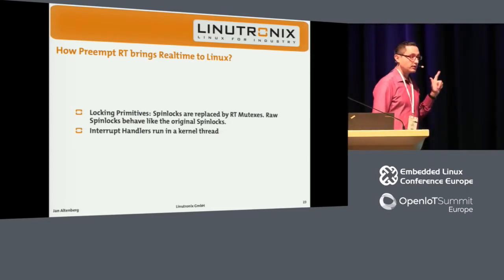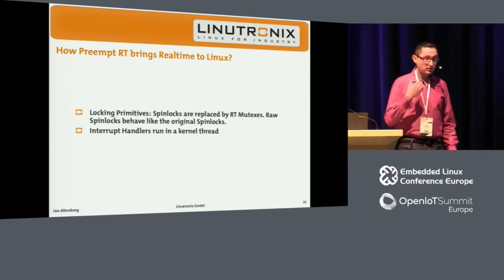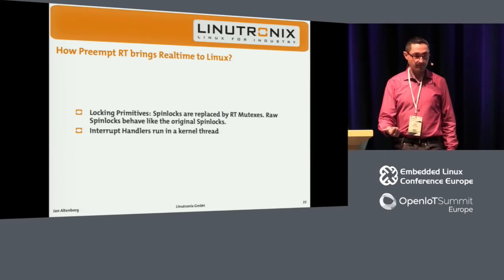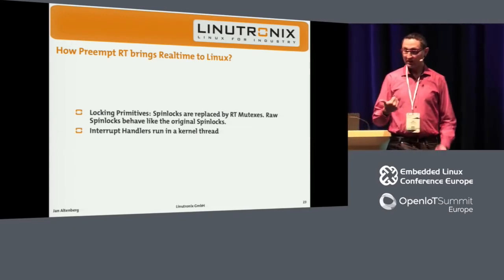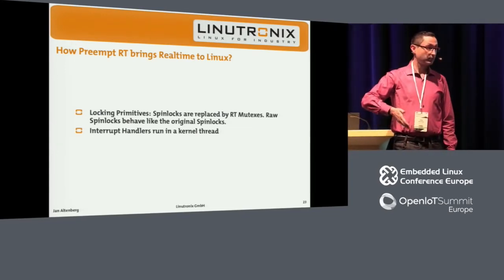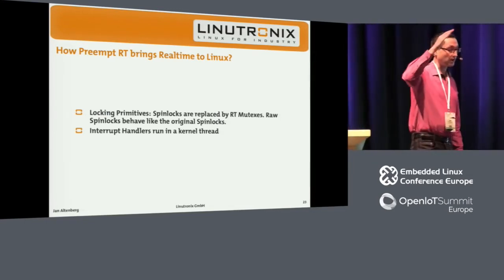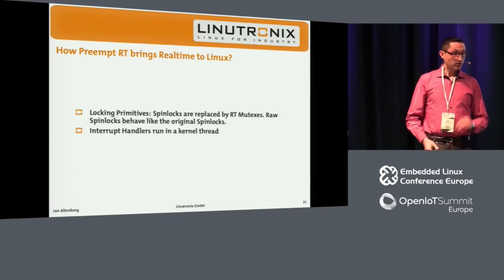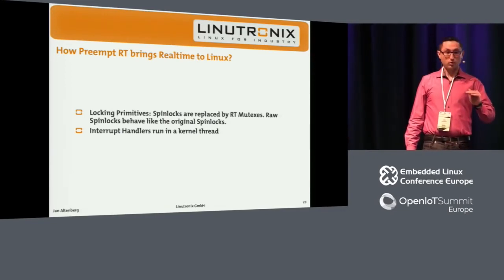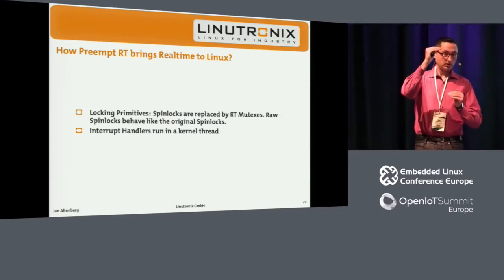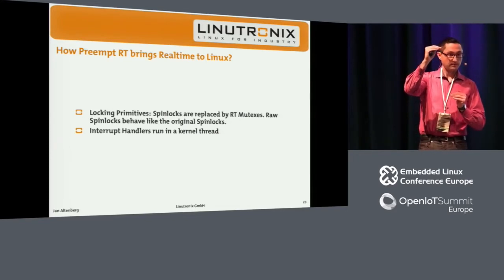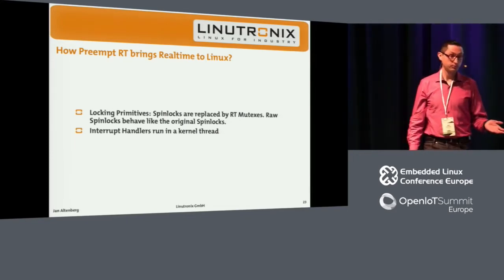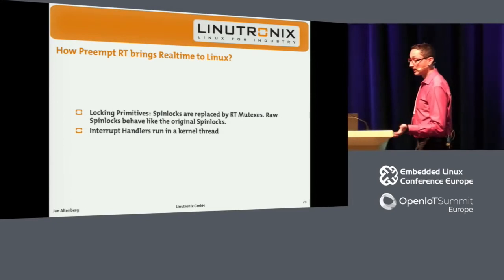Which has two advantages. Basically, the kernel thread is interruptible, main advantage. And, well, it shows up in the process list with a PID, so you can even put a priority on your interrupt which is arriving. So, well, you can give a low priority on your non-important interrupts and give a higher priority on your important userland task. So running it in a kernel thread was actually a pretty nice and pretty cool idea.